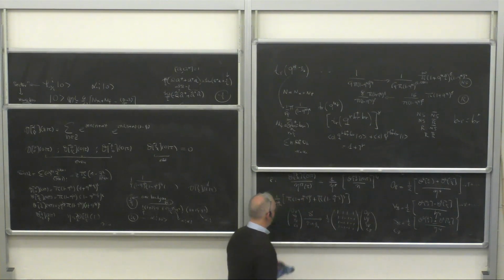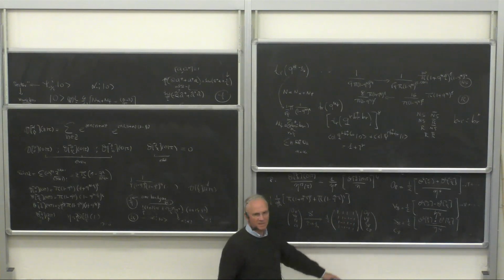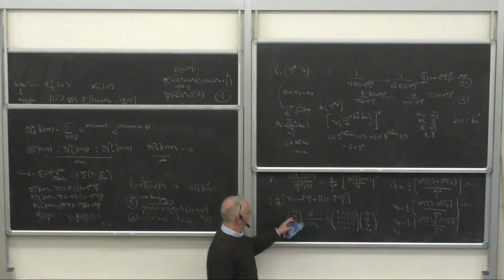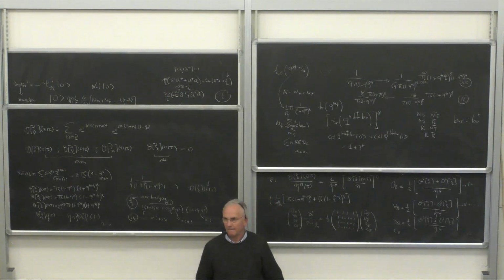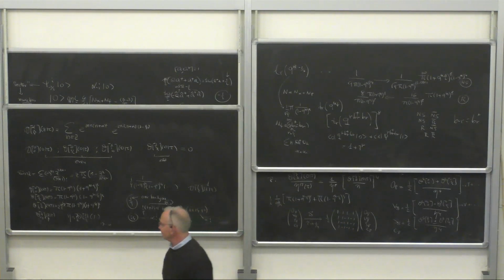So if you read the explicit, it means that O8 goes into half of the sum of O8 plus V8 plus S8 plus C8. V8 goes into 1/2 of the sum, do the matrix multiplication, O8 plus V8 minus S8 minus C8, and so on. Okay?